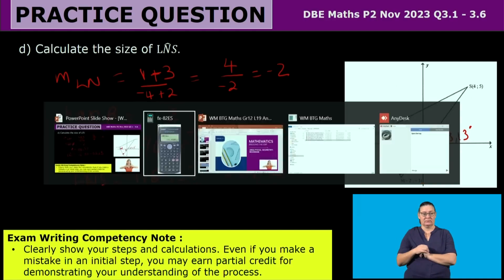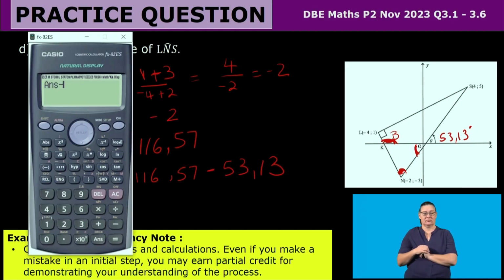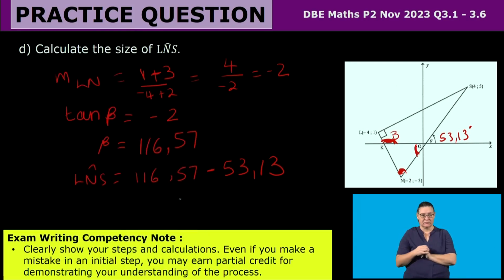Let's see what that gives us. That will give us 63.44. So LNS is 63.44 degrees. All right, guys.